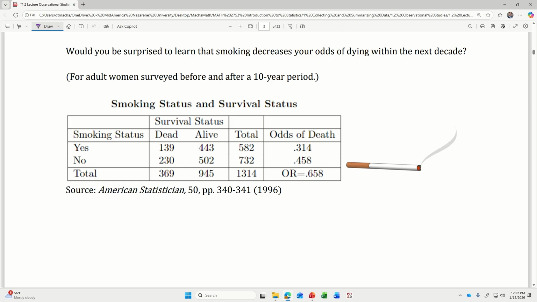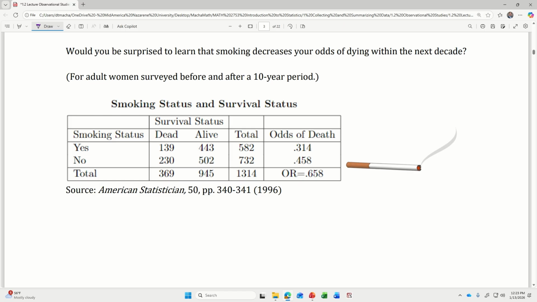They got this roster of people together at the beginning of a 10-year period, and then 10 years later, they followed up and tried to find the same women and find out if they were alive or dead 10 years later, right? And you would think that smoking would increase your chances of dying in that 10-year period, right? That's what I would expect.